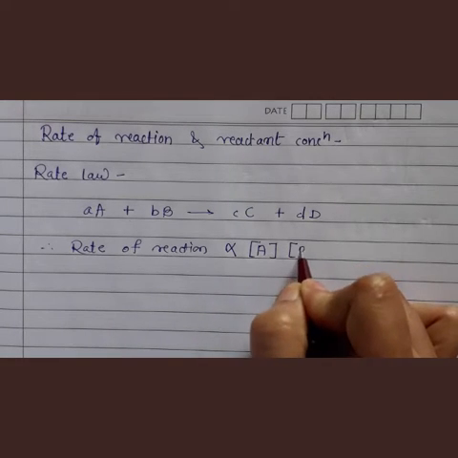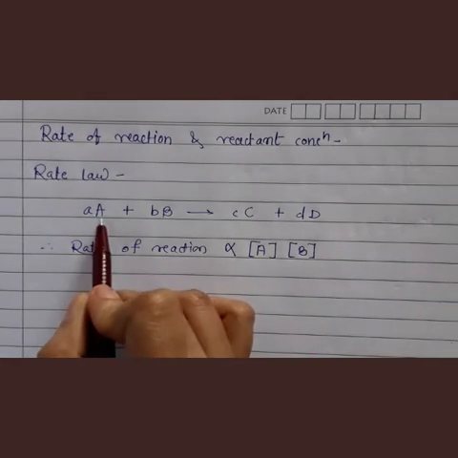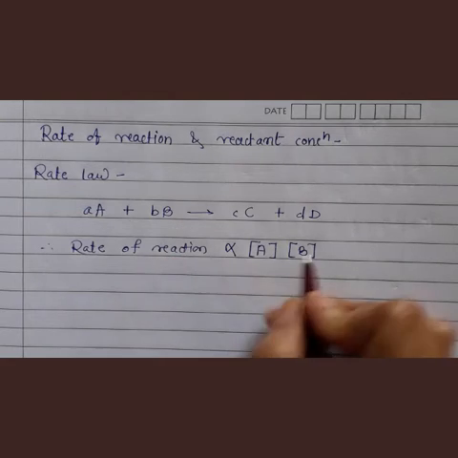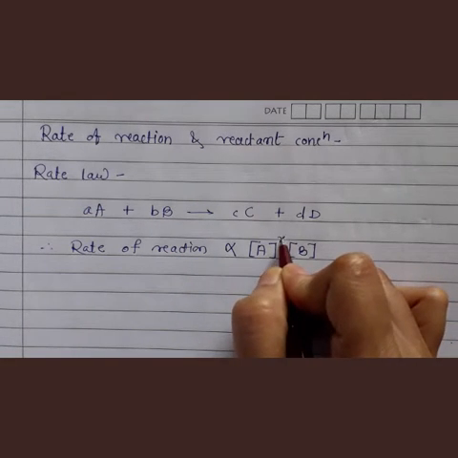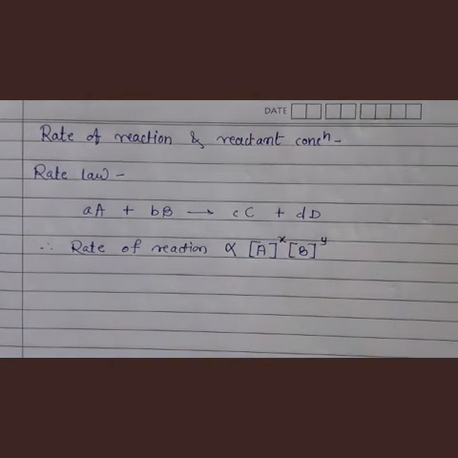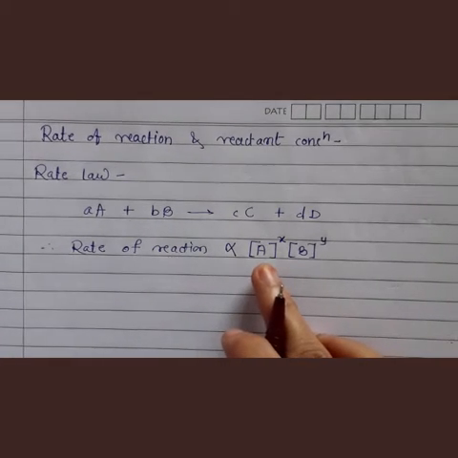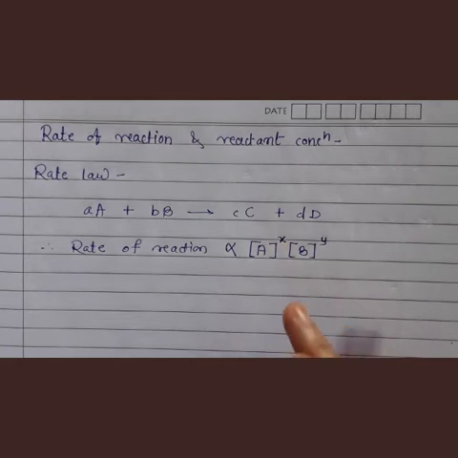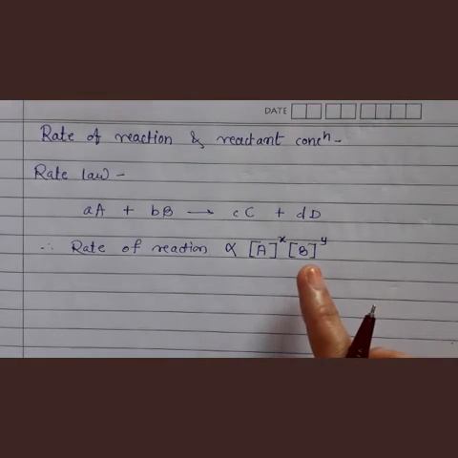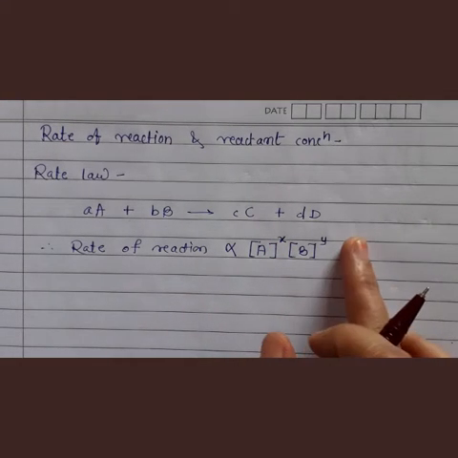Two reactants we have, reactant A and reactant B, raised to simple powers. Here the power is x, here the power is y. So rate of reaction is directly proportional to the concentration of A raised to the power x multiplied by the concentration of B raised to the power y.